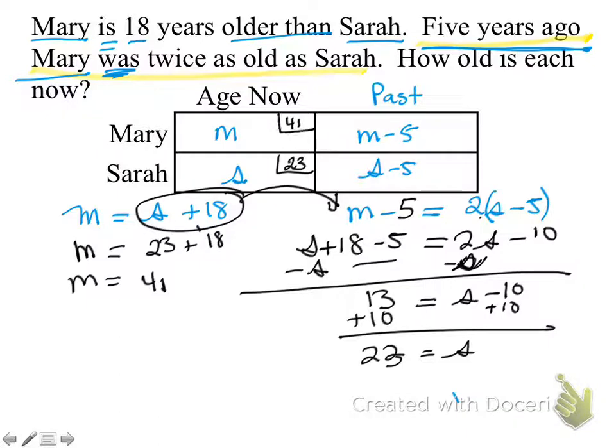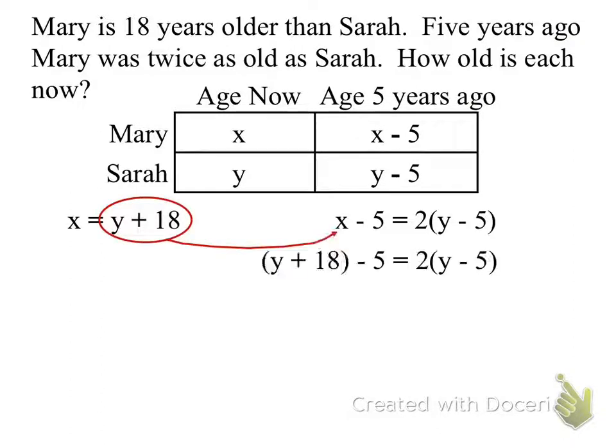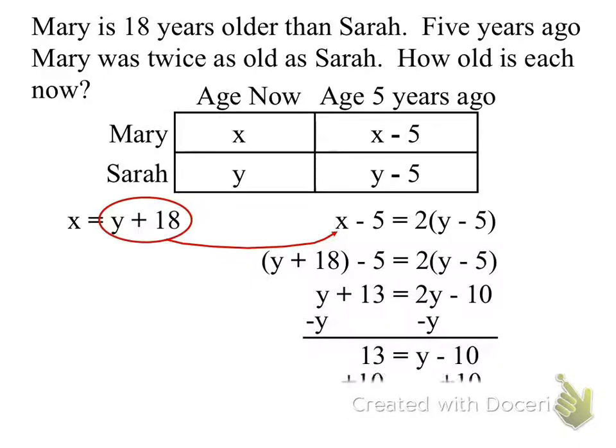Mary's 41, and Sarah is 23. Are there any questions? Okay. Can I erase? Okay. No, I said for the age problems, numbers 13 through 16. The rest of them you should be able to translate.